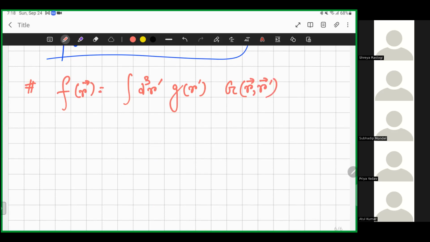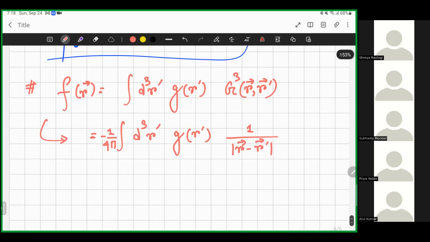So in 3D, if we put that, then we obtain the integral of d r prime g(r) with 1 by |r minus r prime| over minus 4 pi. This is our form of the function. We can evaluate it by using this Green function. So this is the solution of the Poisson equation.